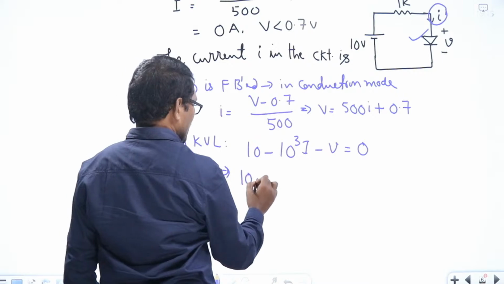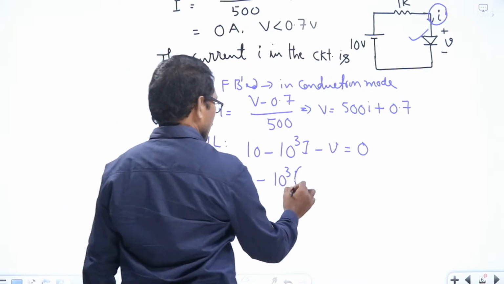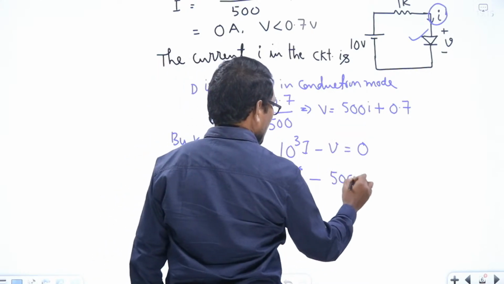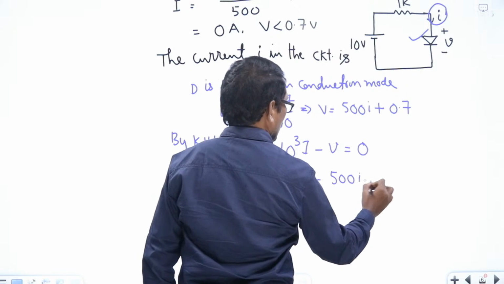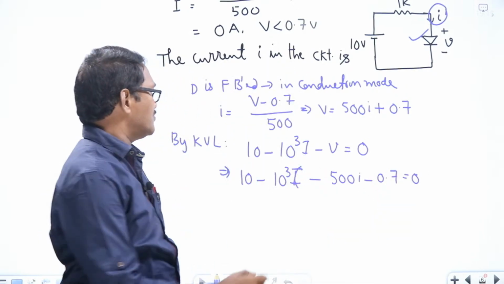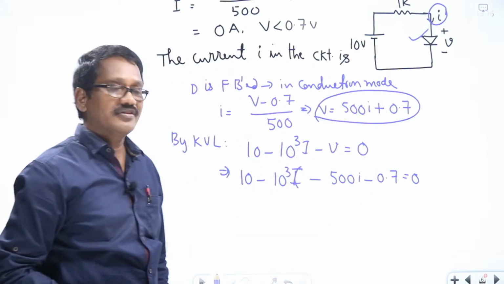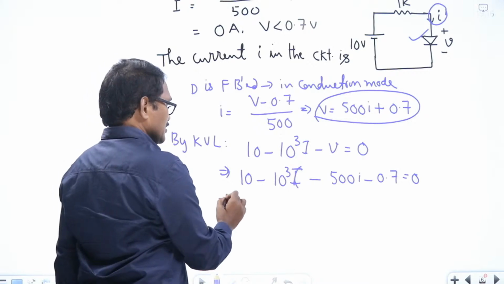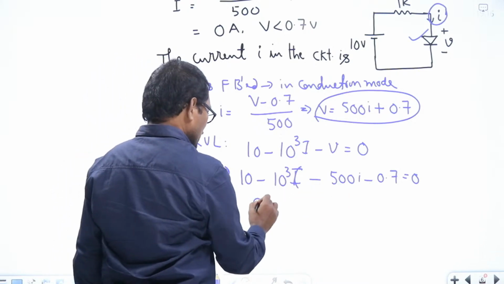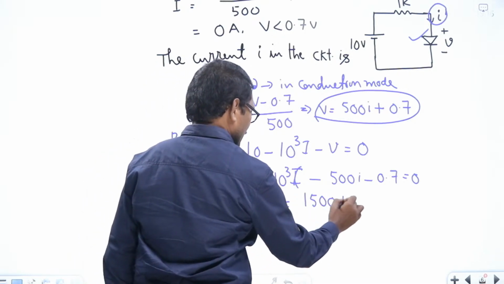That means 10 minus 10 cube I minus V, that means minus 500I minus 0.7 is equal to 0. We have just substituted this V value in this expression. That means 9.3 is equal to 1500I.